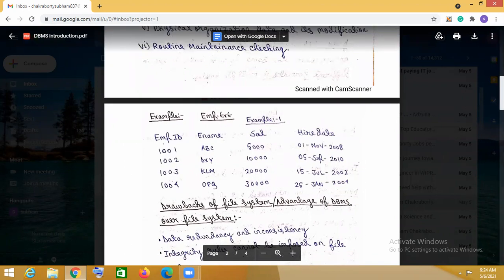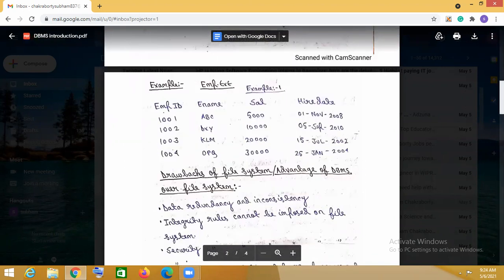First, data redundancy and inconsistency. Now, what is data redundancy and what is data inconsistency? This is new to you. Data redundancy is a condition that occurs when the same piece of data exists in multiple places.